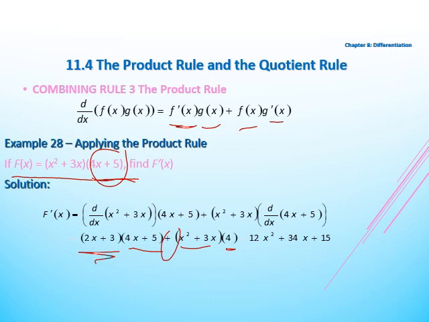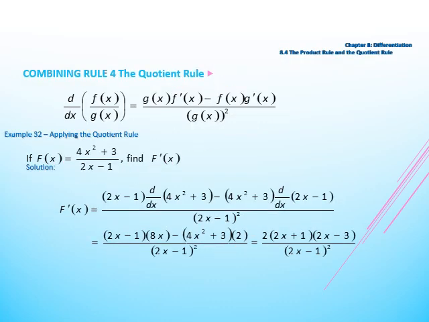Okay, another rule, which is the division rule, or the quotient rule. Take care that we have a negative sign, so take care very much of the order of your multiplications and the order of the two functions.